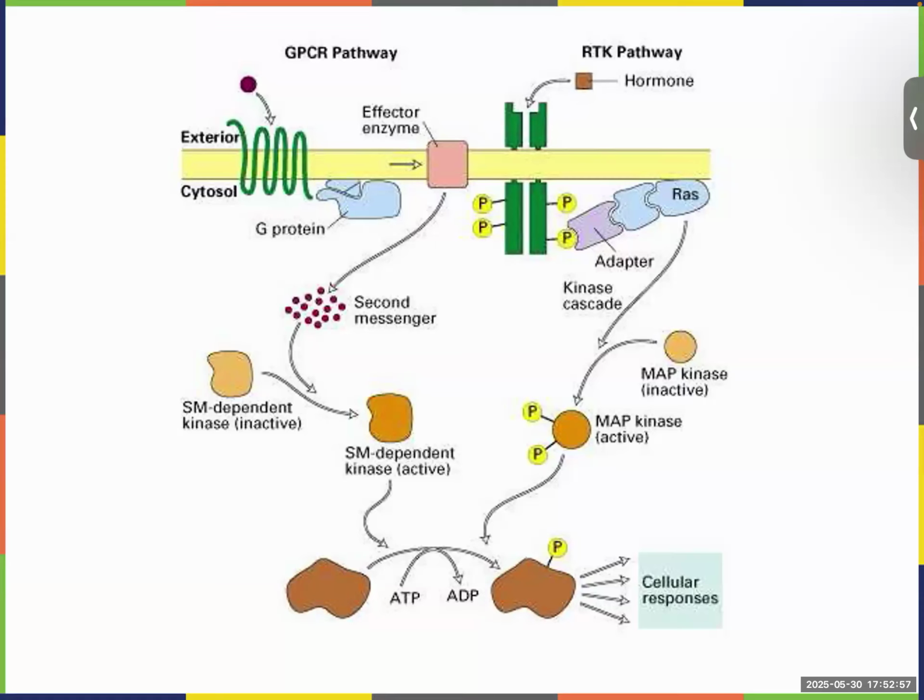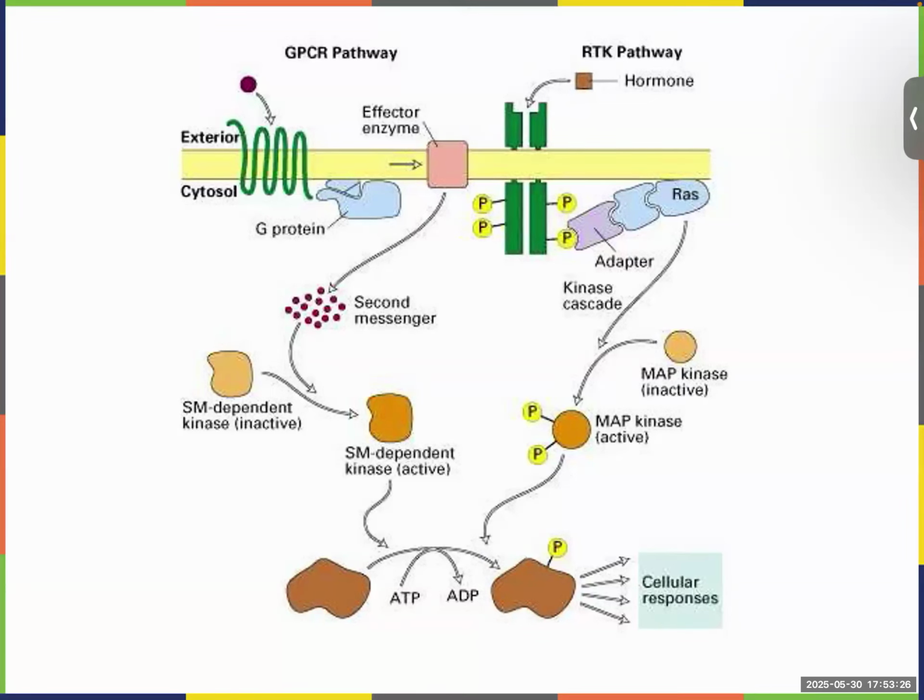The GPCR pathway's receptor looks like a snake crossing the membrane many times. That's in yellow. And the RTK receptor to receive this hormone is in two parts, like a salt and pepper shaker, and it actually dimerizes, or gets closer together into two parts, which add phosphate groups to itself upon a hormone binding in the RTK pathway.